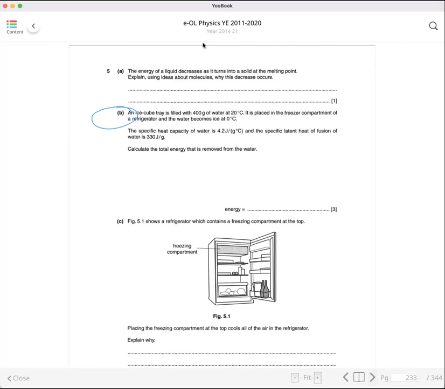First of all, you need to cool the water from 20 degrees Celsius to 0 degrees Celsius. The energy used to do that is mc theta. Then you need to actually freeze all of them. The formula to do that is m latent heat of fusion. So can you do this and then calculate again?